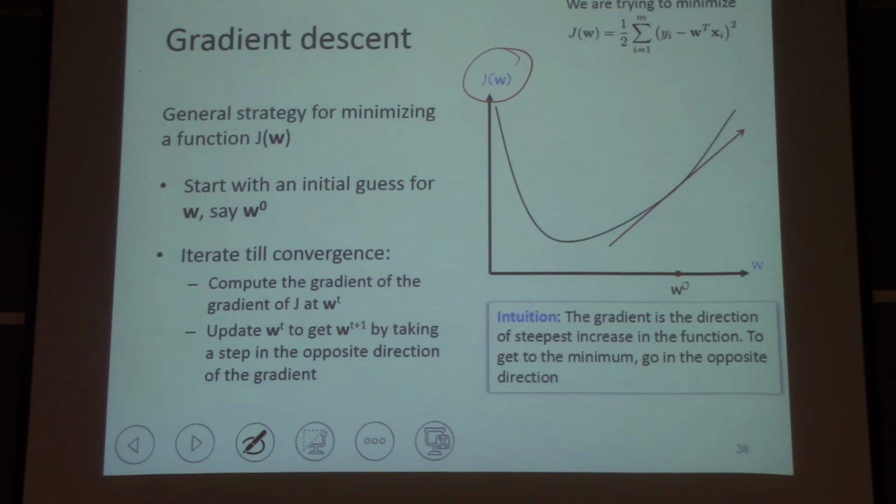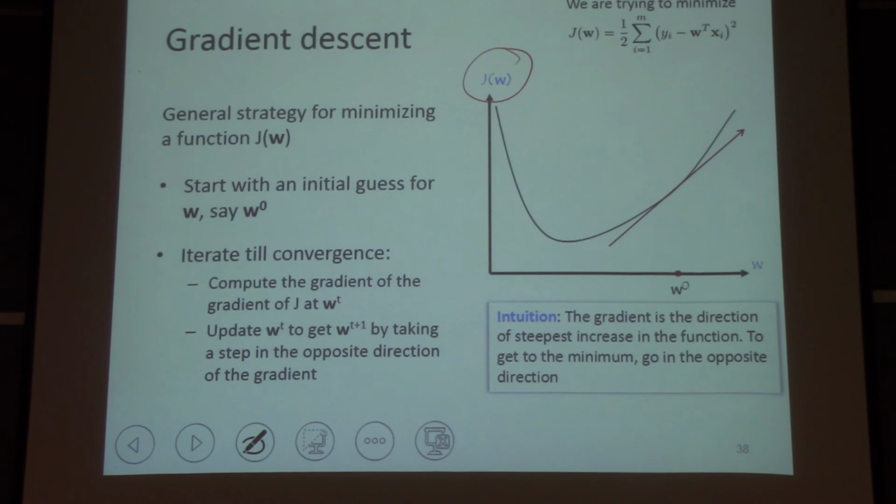point that you've guessed. Now the gradient is simply the derivative of the function, and it's the direction in which this function grows the fastest. You know the direction in which the function grows the fastest, but you want to go to the minimum. What do you do? The function is increasing this way, and I don't like this, so I go the other way.